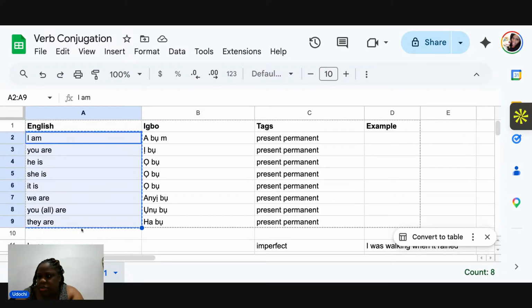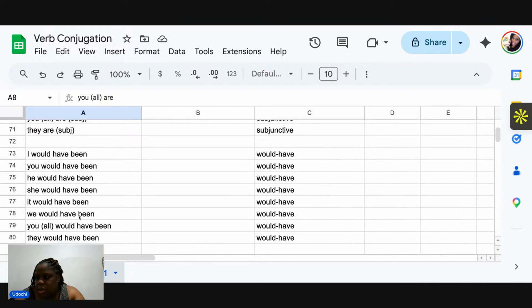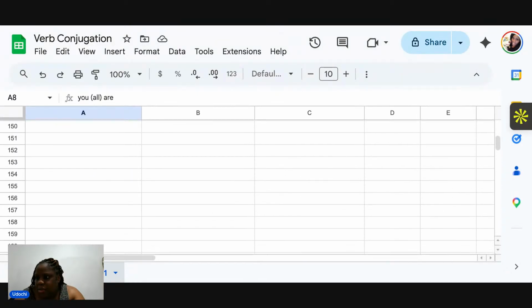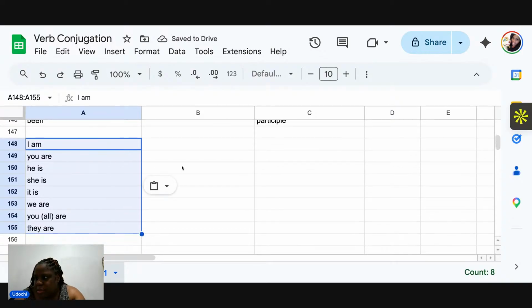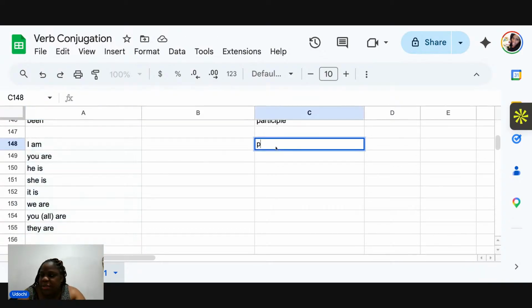Control C. And copy it down here. And put present temporary. Oh, temporary is not the right word.